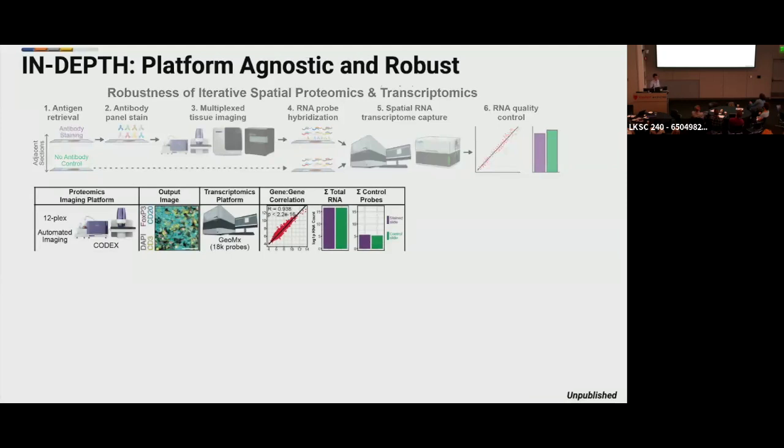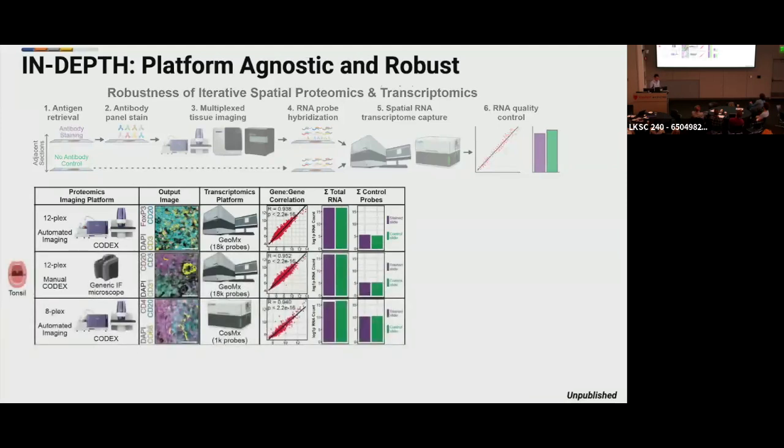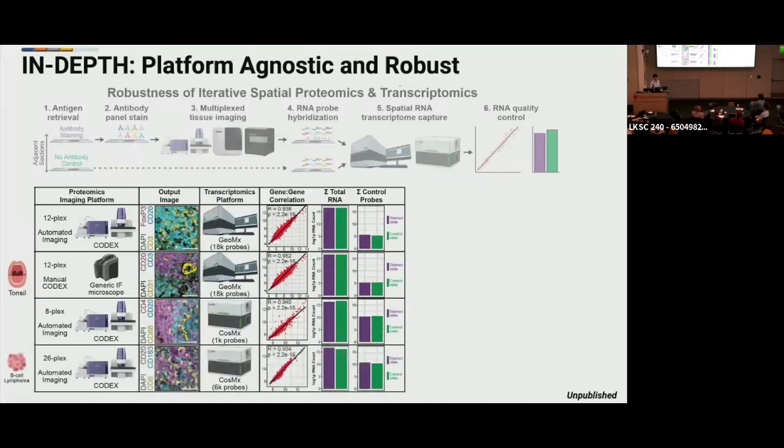And I just want to note that it's a log 1 plus X axis on the Y. You can do the same with manual CODEX or automated CODEX on the GeoMx or even the CosMx, pretty good correlations, pretty good transcript recovery, you don't get extra background, essentially is what the control probes is showing. And you can do it automated again for CosMx 6K. You also get similar correlations and also some differences, very minor. In fact, it's a little bit higher for the protein stain.